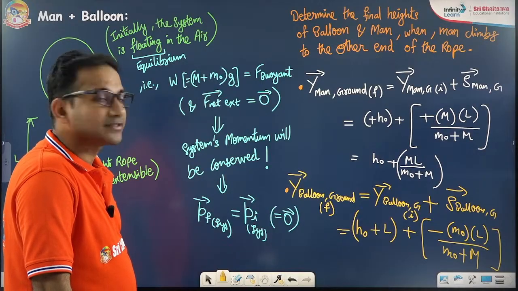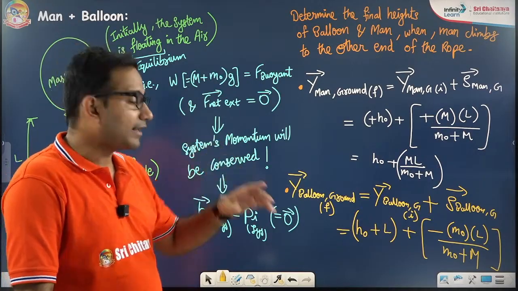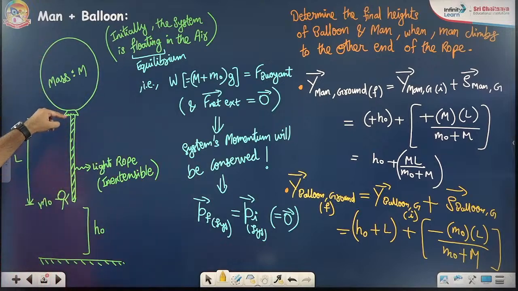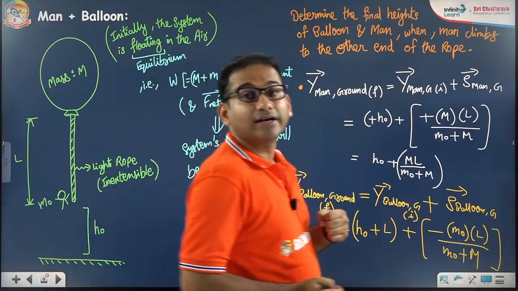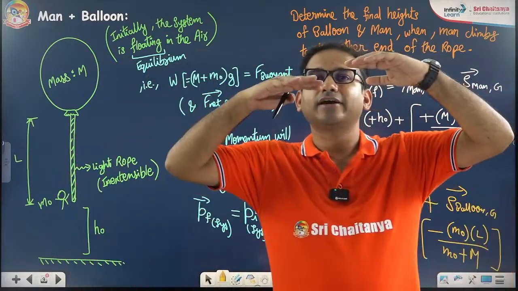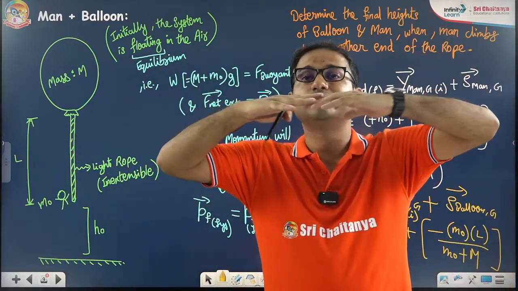Finally, where is the man? If the man reaches the other end and the balloon is also down, then definitely both are meeting. When the man is moving up and the balloon is moving down, finally both are meeting.